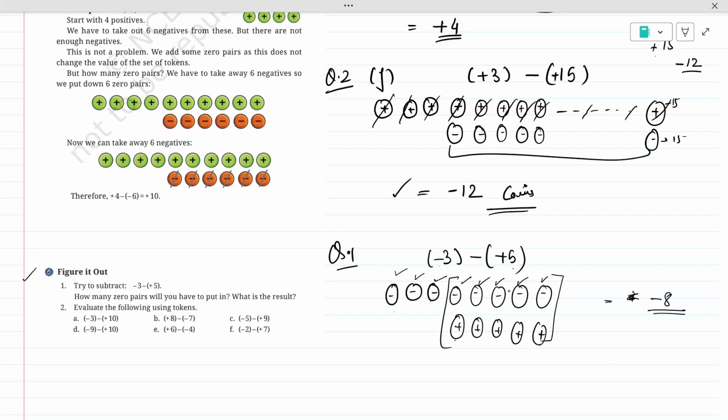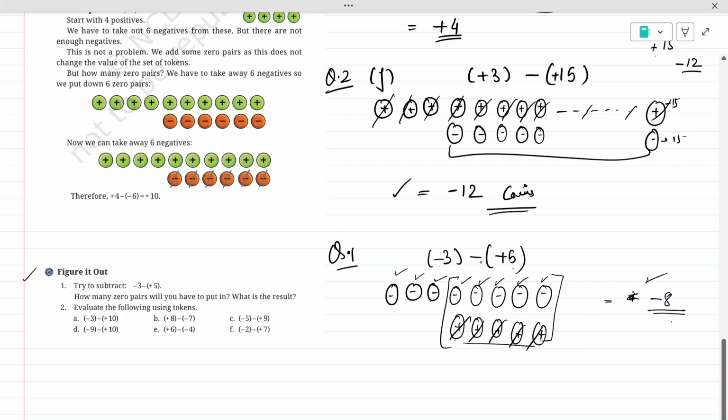How many zero pairs will you have to put in? In this case we will have to put in the 5 pairs. Okay, so we'll have minus 8 coins and we have plus 5 coins, but these plus 5 coins we have to subtract, so these are subtracted and we are left only with minus 8 coins.